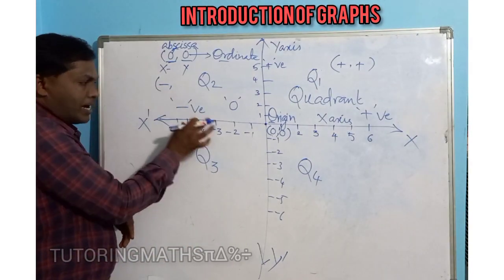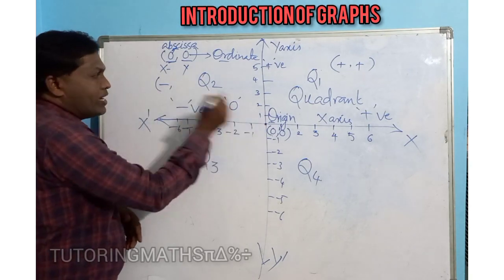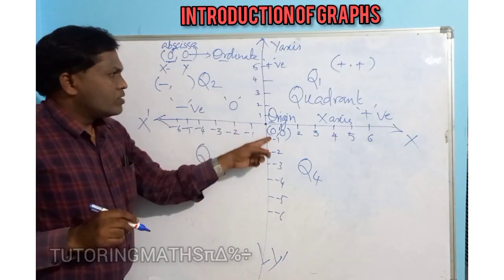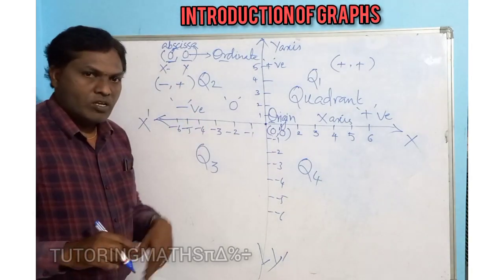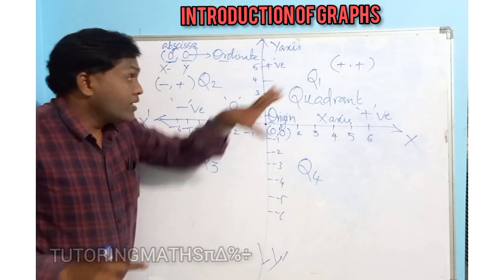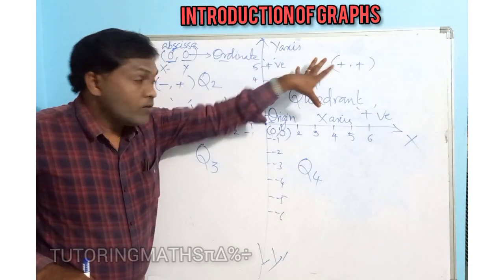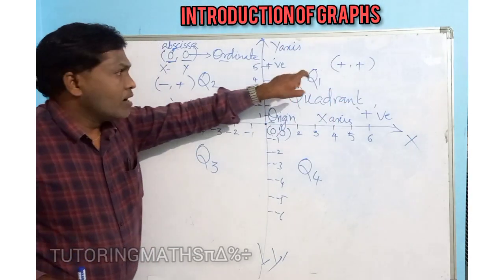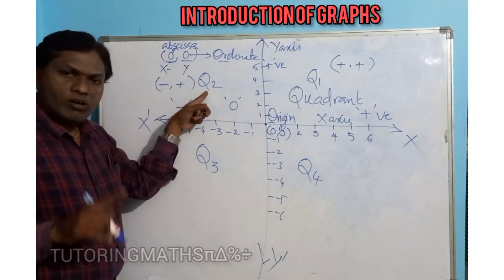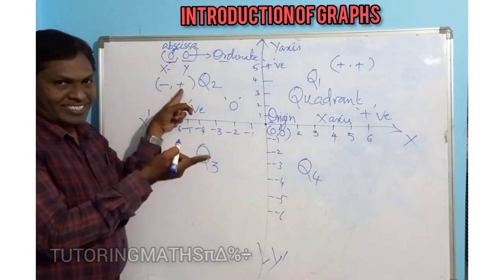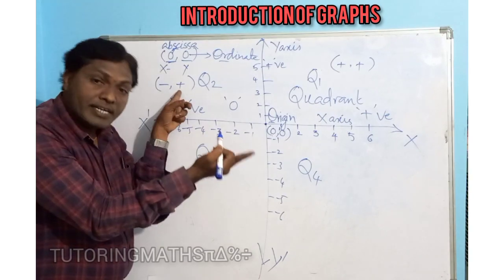That's why I have taken negative values. Next, this y-axis is the positive y-axis, so we should take plus. So my dear students, please concentrate. In the first quadrant, all points are completely positive, plus plus. And the second quadrant is occupied by minus plus. The first coordinate is minus, the second coordinate is plus.